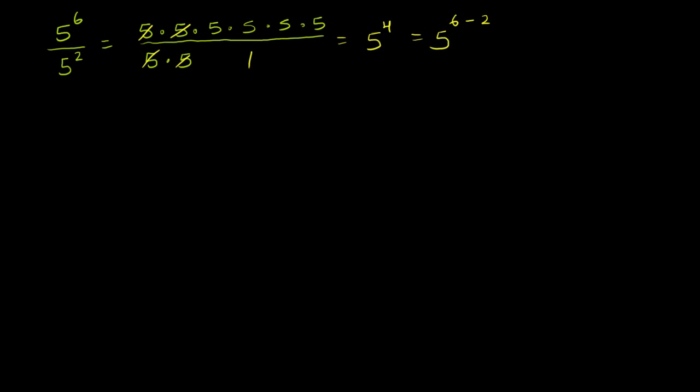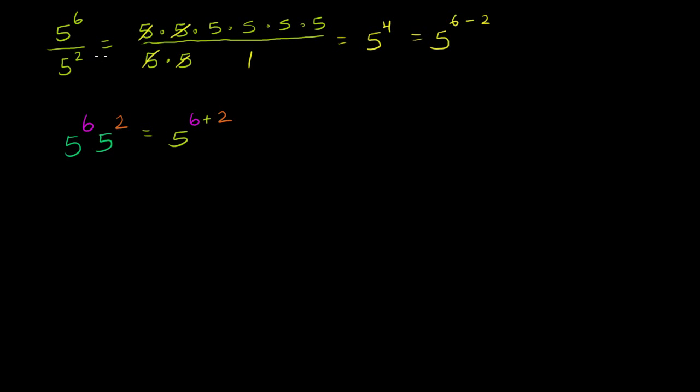And let's remember how this relates to multiplication. If I had 5 to the 6th times 5 to the 2nd power, we saw in the last video that this is equal to 5 to the 6 plus 2 power.